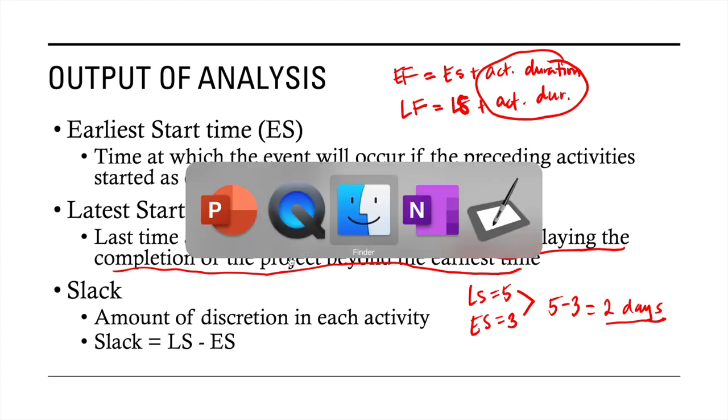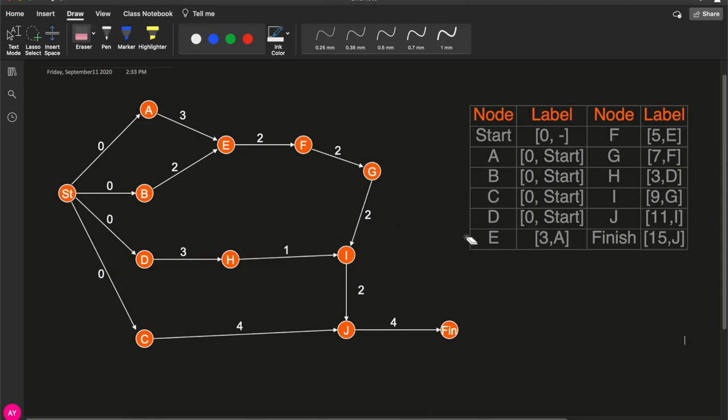What does that mean? That means to be able to get the latest start time, the first thing that we have to set is that finish will also be 15 because you cannot delay the project. And therefore, according to the earliest start, for finish it is 15. Therefore, the latest start should also be 15 for node finish.